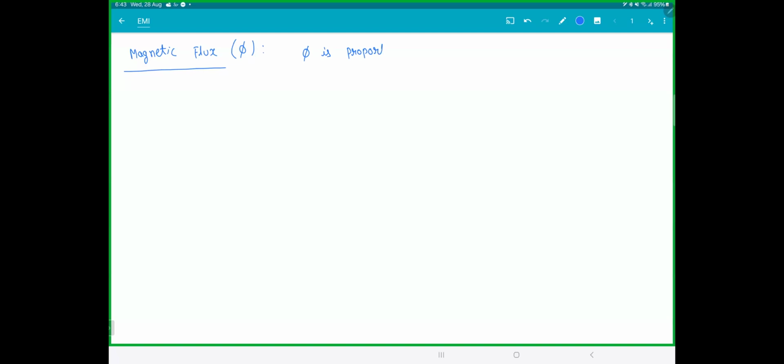So flux is proportional to the number of lines passing through an area. It was the same definition we wrote in electrostatics also. But in this case, it is the magnetic field lines. If electric field lines are passing, we call it electric flux. If magnetic field lines pass, we call it magnetic flux.